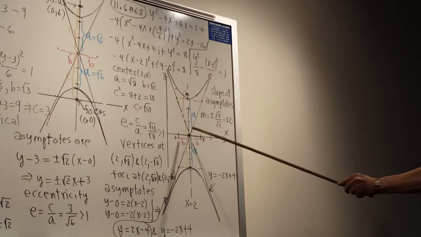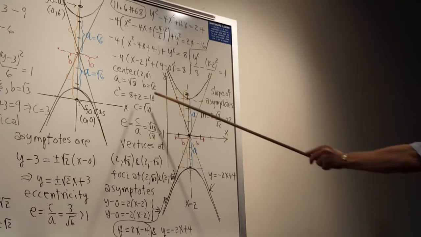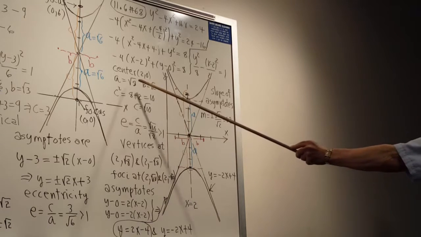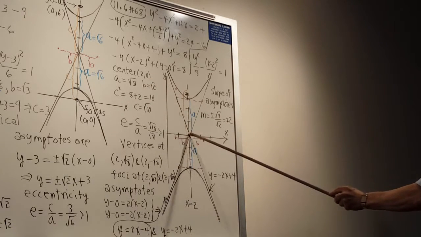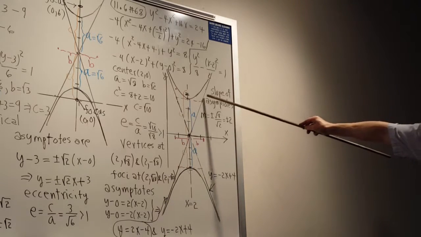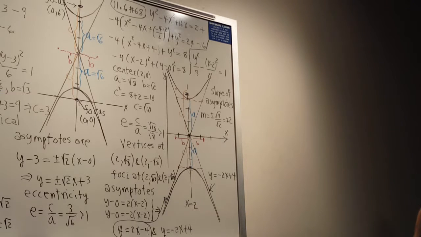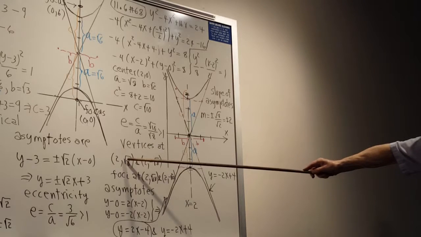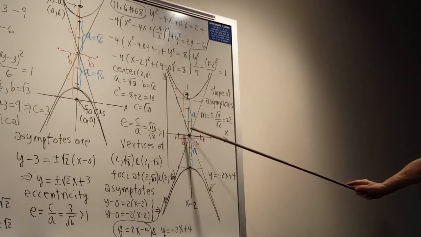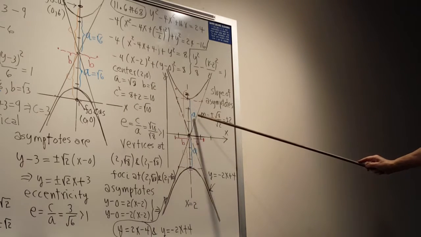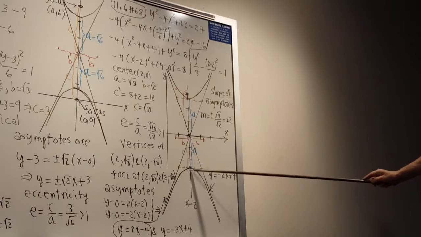And you see my picture here. My origin is back over here. My center is 2 over, 1, 2, and 0 up. And the asymptotes cross there. And then my vertices are at the 2 over, and then the A, which is the root 8, up and down.